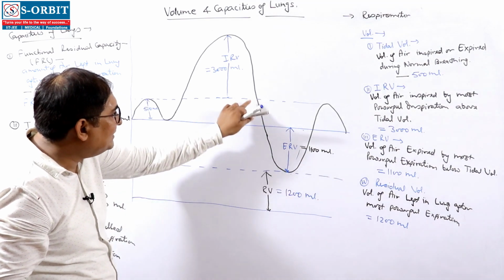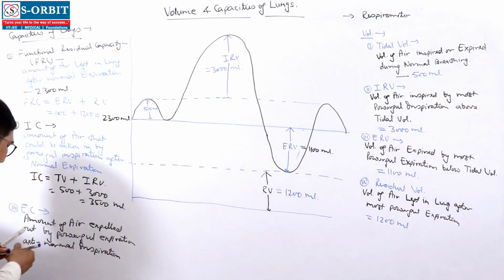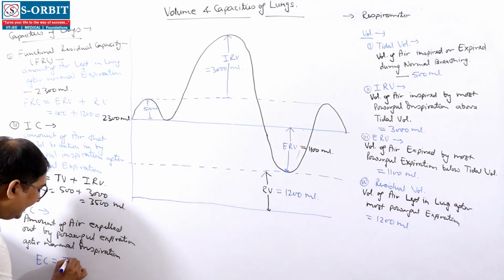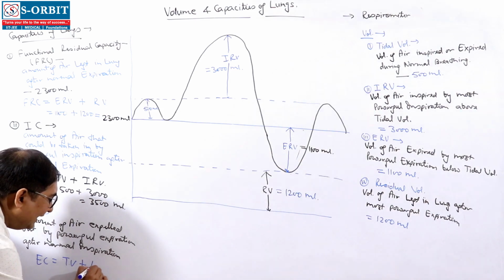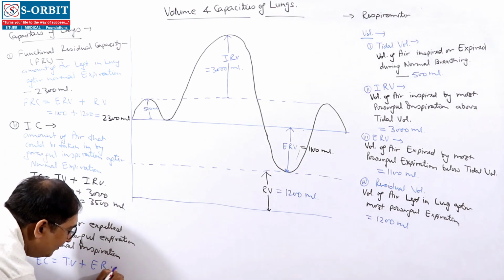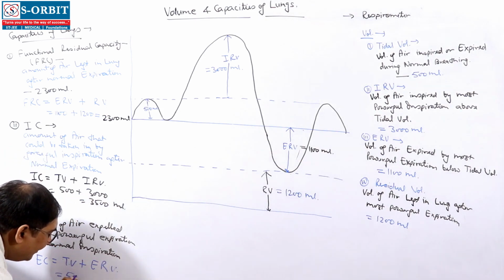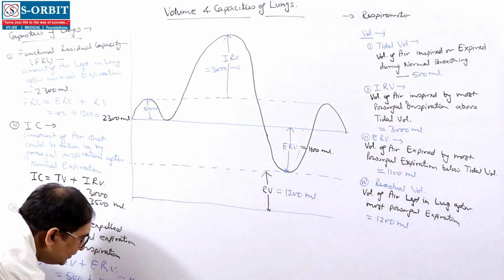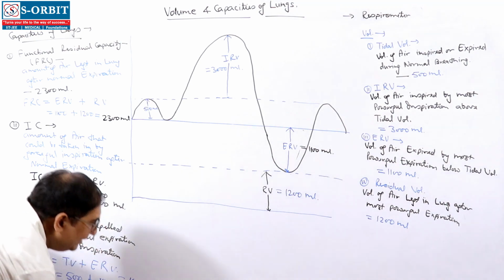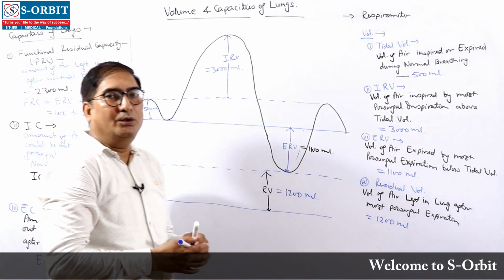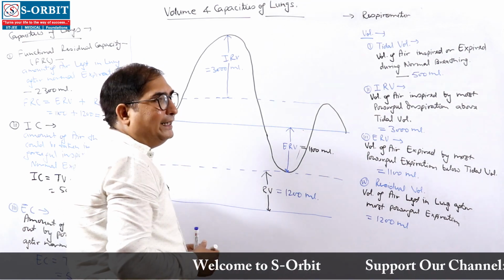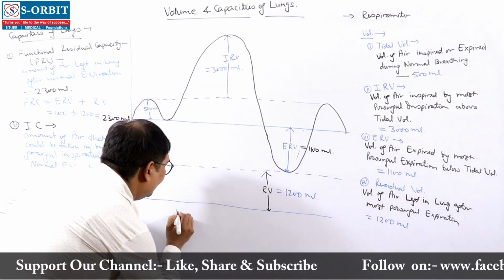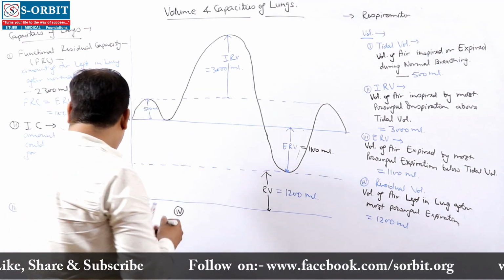So EC comes out to be tidal volume plus expiratory reserve volume, means 500 plus 1100, which comes out to be 1600 ml amount of air, volume of air. Is it expiratory capacity?